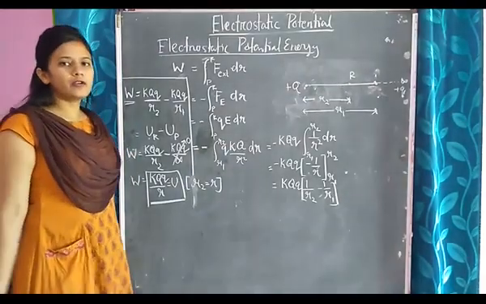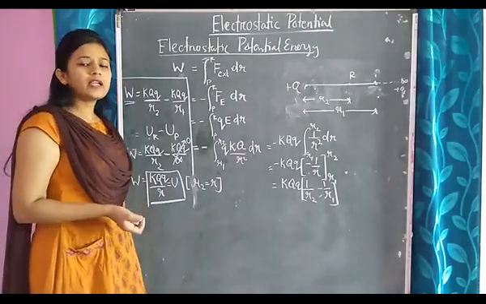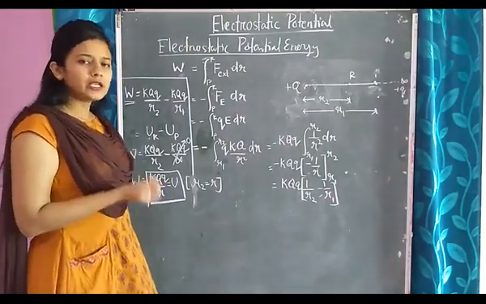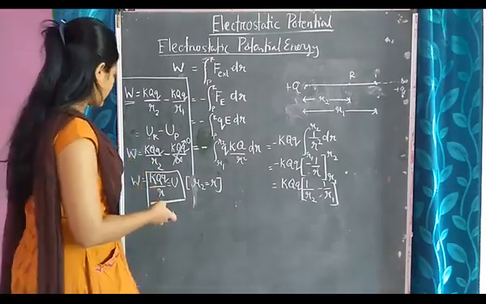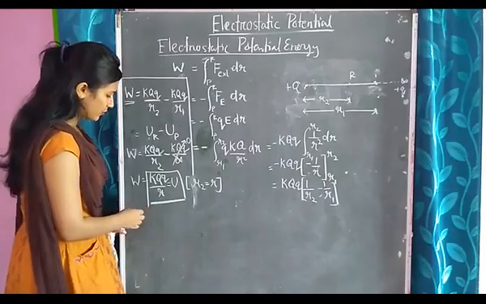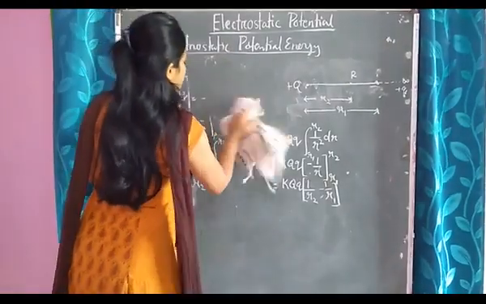Then I will define what is electrostatic potential. Electrostatic potential is the potential energy per unit charge. That means how will I define the potential?